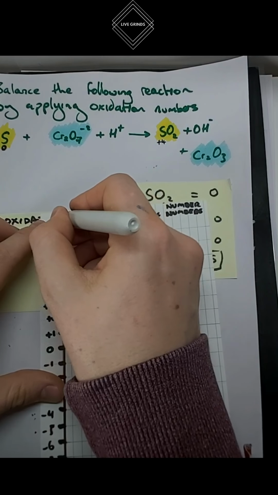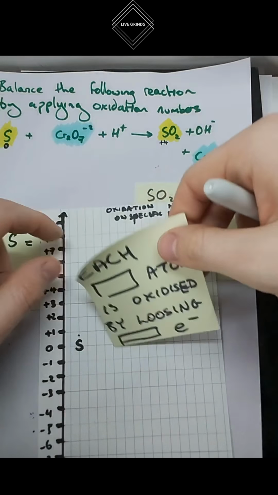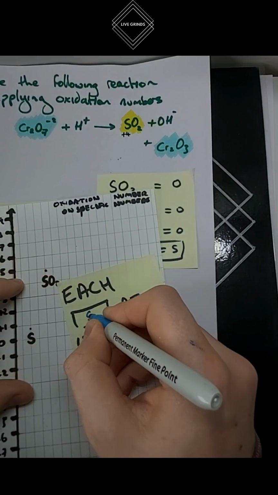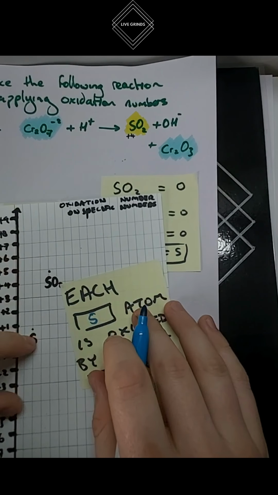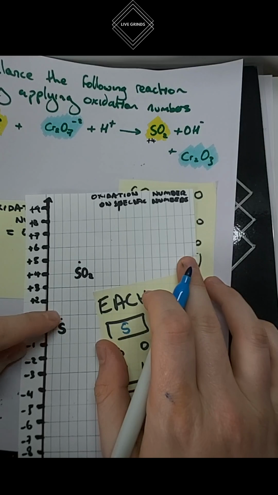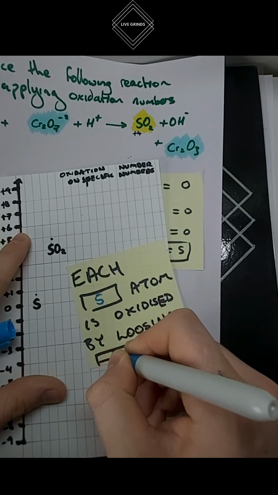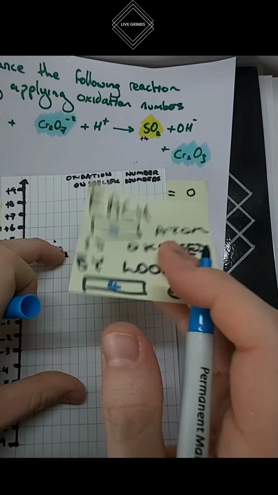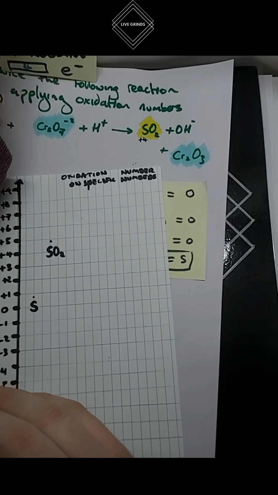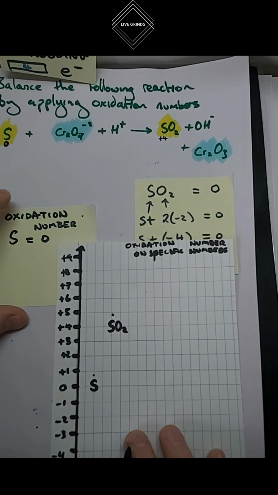It's being oxidized. It's getting more positive. So each sulfur atom, as it moves upwards to SO2, loses 1, 2, 3, 4 electrons every time, right? That's just one rule we're going to have to come back to. So each sulfur atom loses 4 electrons every time. That's that aspect looked at, right?